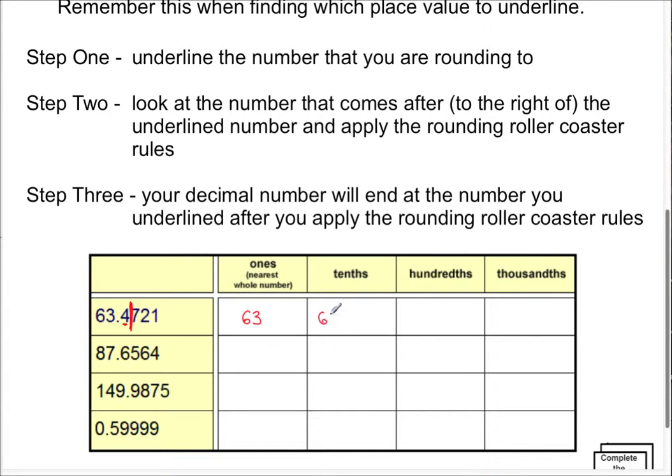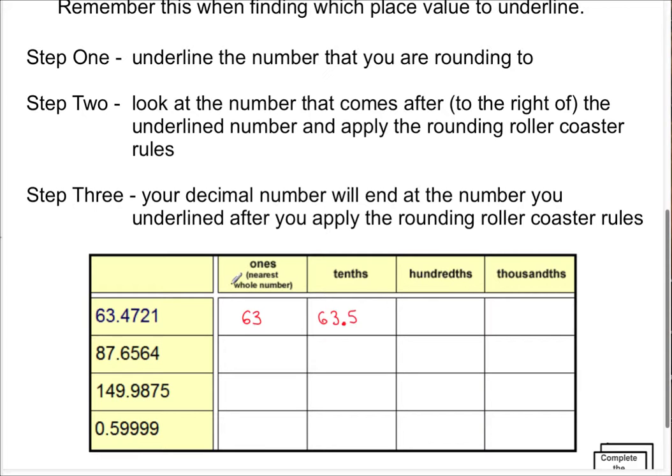So we go 63.5. Now here's where it's different than the last one. I'm not going to fill in zeros for the rest of them. I'm just going to leave them. We have to fill in zeros as placeholders for anything in front of the decimal point, but after the decimal point, if we don't fill in anything, we automatically assume it's 0, so we don't have to put those zeros in there.